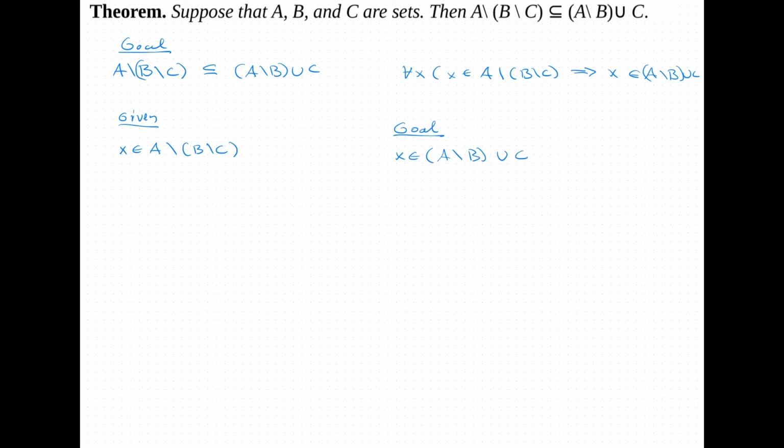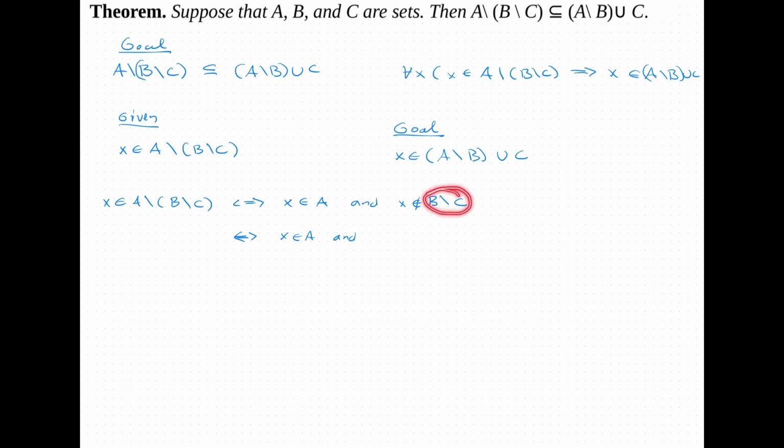But now, if we go ahead and expand, so now we're going to start off the proof formally. So if we expand by the definition, so we have the set difference here. So by definition of the set difference, this is the same as saying x is in A and x is not in B minus C. Okay, so we have that. But now, to not be in B minus C, that's a set difference.